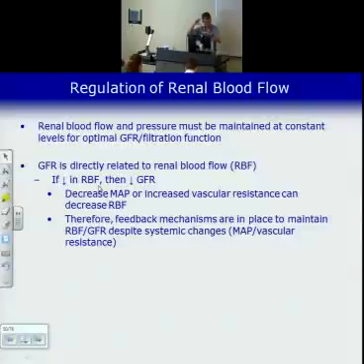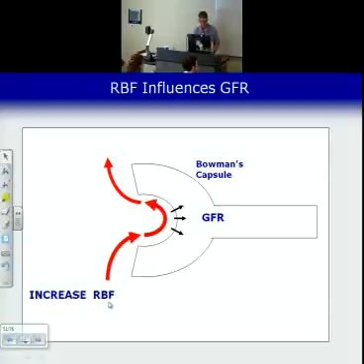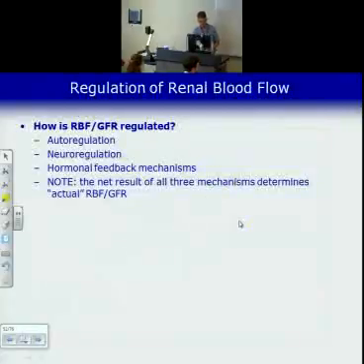So those two are hand in hand related. So the body's got mechanisms to adjust for it, and that's what I think the next couple of slides are to talk about. You got the entertainment. So here's increase, showing the nice big fat arrows, and there's your GFR increase.